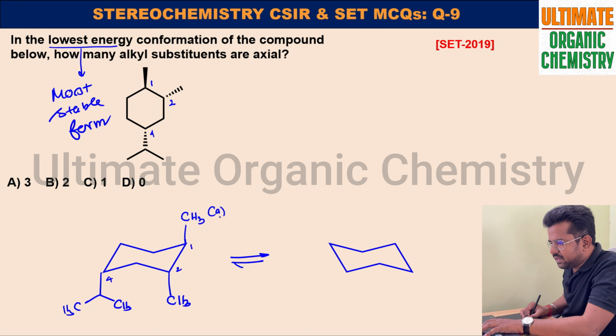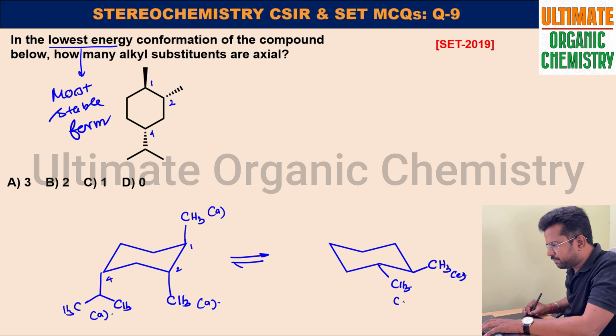I already said during ring flipping, the axial group will go to equatorial positions. So this methyl group is converted into equatorial position, and this methyl group is converted into the corresponding equatorial position, and this isopropyl group also will be converted into the corresponding equatorial position. So you know that in the second structure, all the alkyl groups are present in equatorial position. So this is the most stable form.